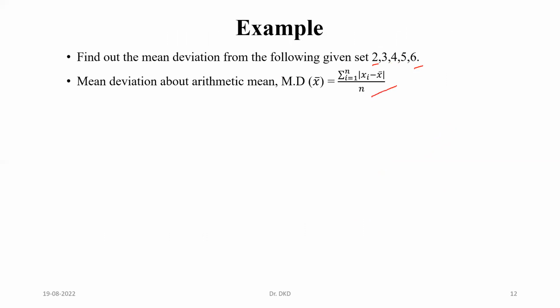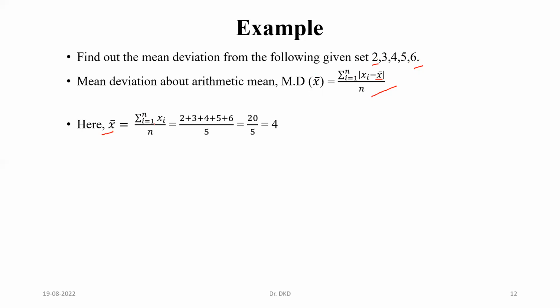This is the accurate formula we use for mean deviation calculation. Looking at the formula, we require x bar, so first we have to calculate the x bar value, where x bar means the mean.